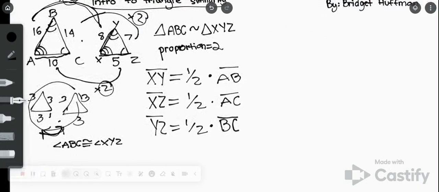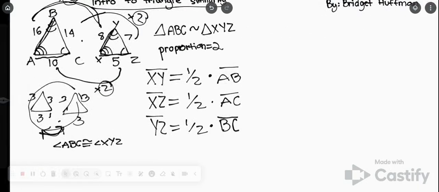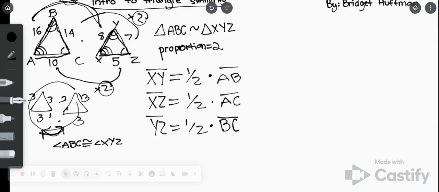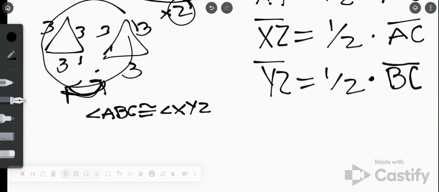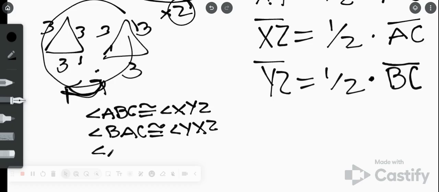We can check that up here. And now just write the rest. Angle BAC is congruent to angle YXZ, and angle ACB is congruent to angle XZY.